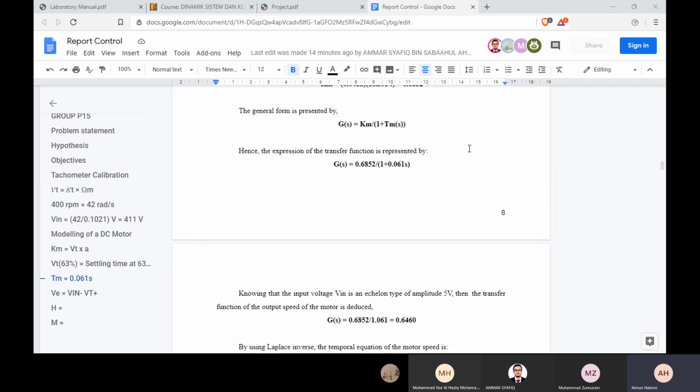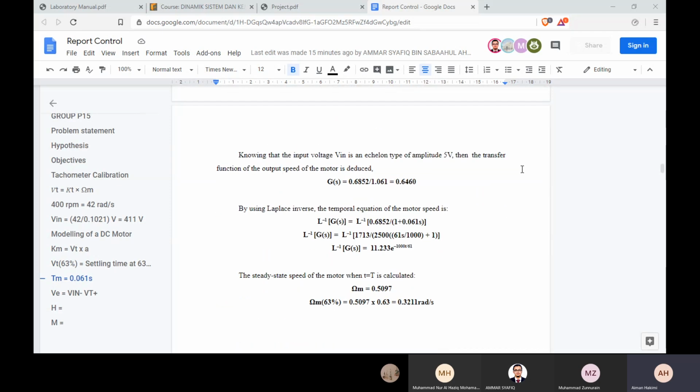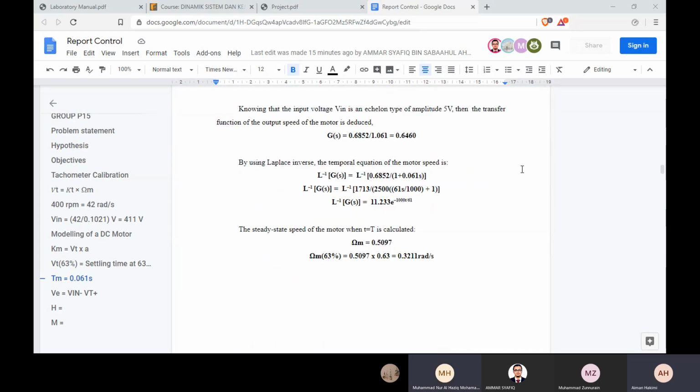We found the Km, so we can present the general form or transfer function of G as K equals 0.6852 over 1 plus 0.061 S. Knowing that the input voltage is a step with amplitude 5 volts, the G(s) will be 0.6460.